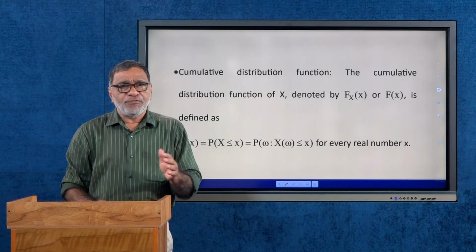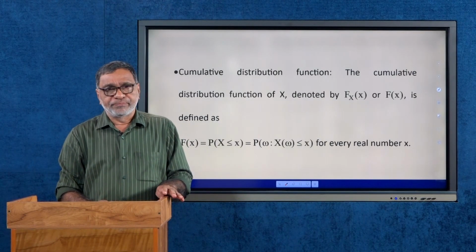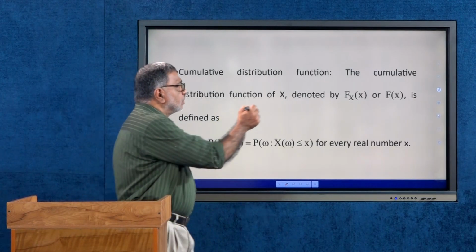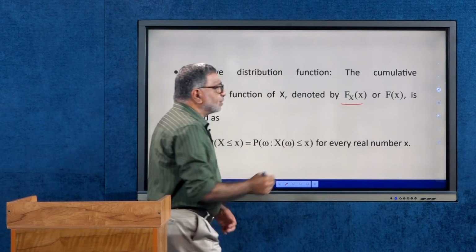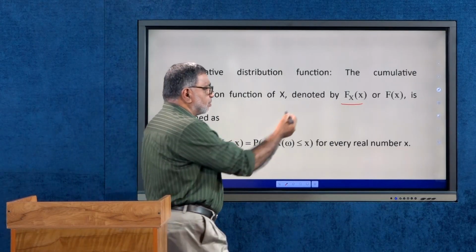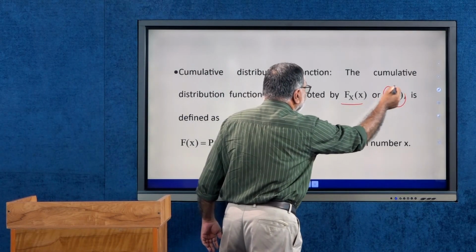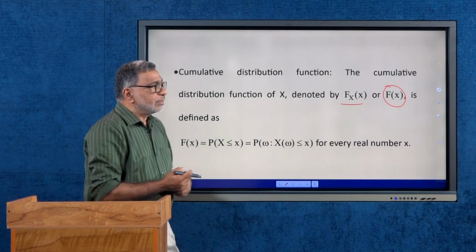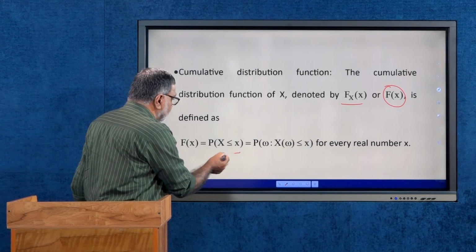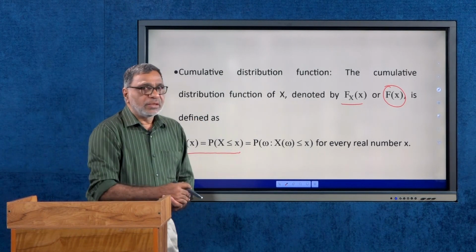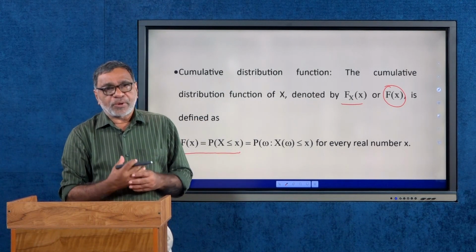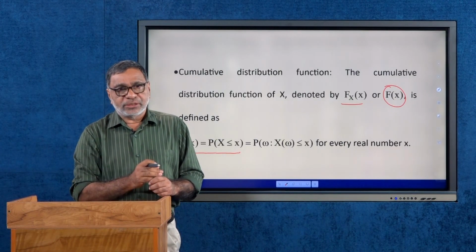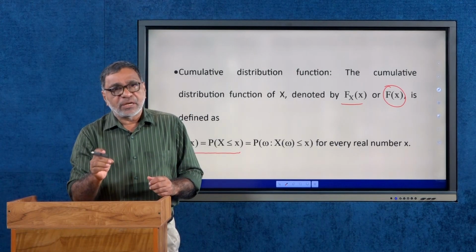What is the meaning of the cumulative distribution function? It is usually denoted by F_X, or simply F. The distribution function F_X is defined as F_X(x) equal to the probability of the random variable X less than or equal to x, where x is any real number.